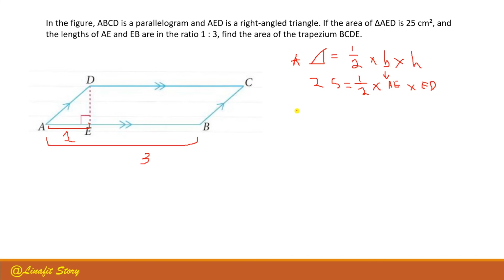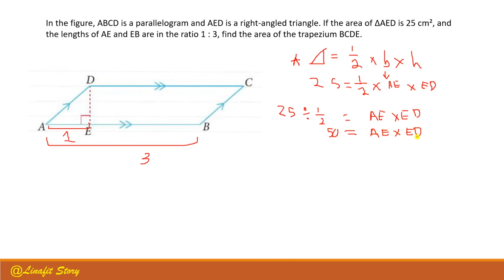So we will move 1/2 to the left hand side. So 25 divided by 1/2 is equal to AE times ED. So 50 is equal to AE times ED.